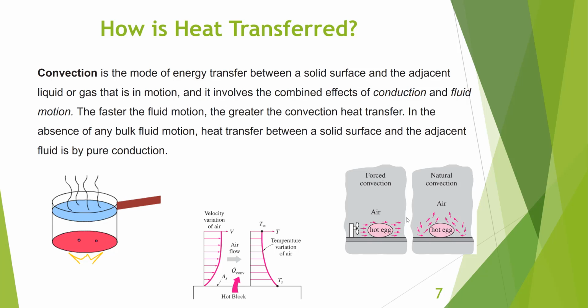And here you have the forced convection, when you have a fan or a wind blowing on this body or this egg, you will exchange more and more energy, and this is called forced convection, and here you have natural convection.